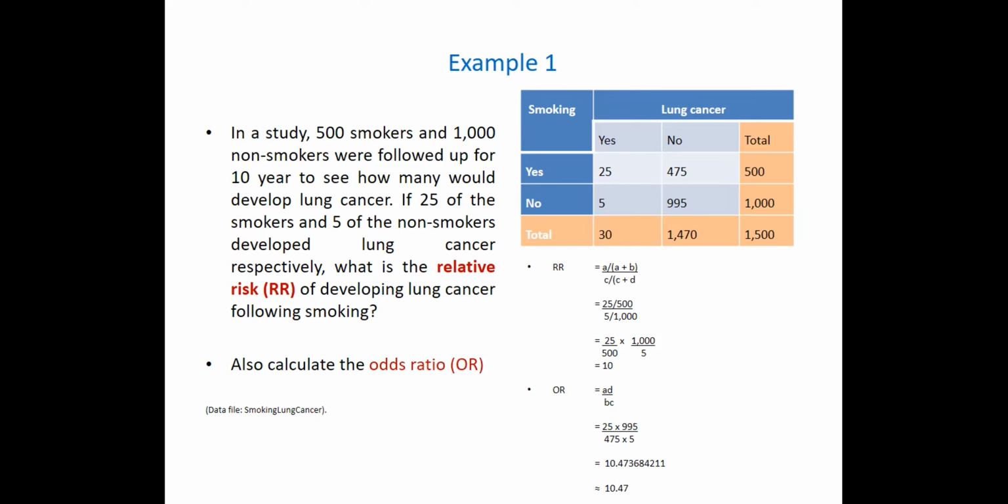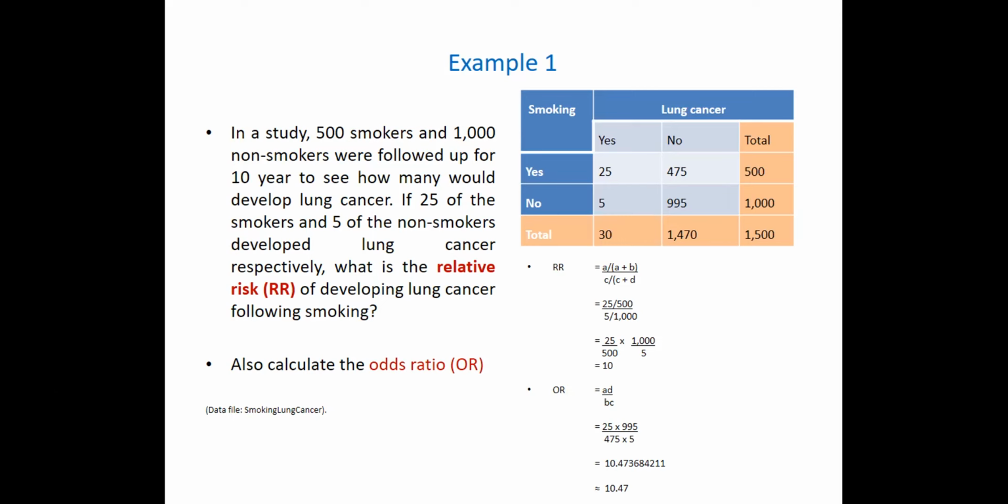That is the relative risk. It shows how many times higher the risk among smokers is than the risk among non-smokers.